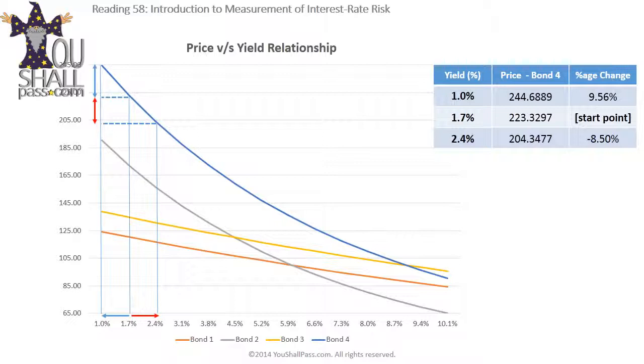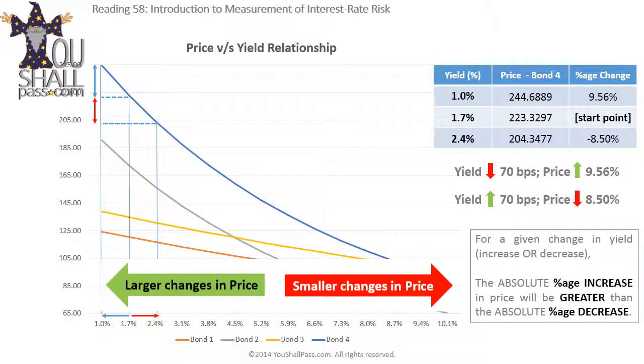To be more precise, as can be seen from this price table, the price changes by more than 9.5% when yields drop by 70 basis points, but falls only by 8.5% when yields rise by 70 basis points. And that leads us to a third important observation into bond price behavior, that just due to the convex shape of the price yield curve, all rightward movements will be accompanied by smaller price changes than for leftward movements. In other words, for a given change in yield, the absolute quantum of the percentage price increase will be greater than the absolute percentage price decrease.